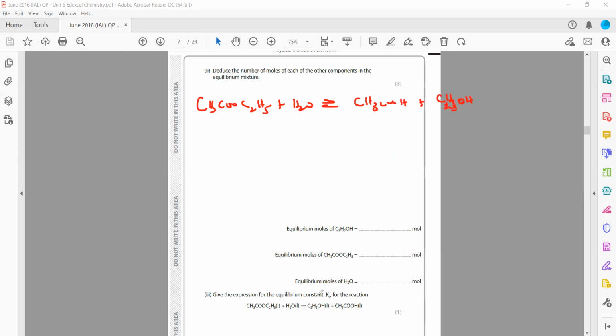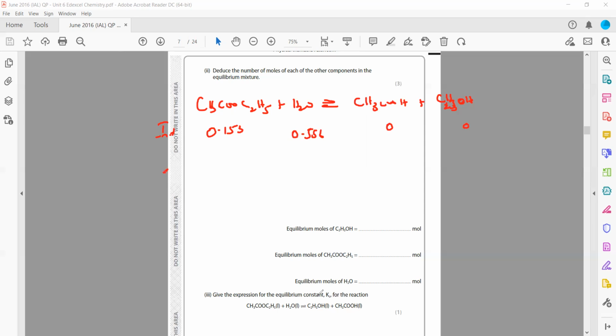And remember, how many initial moles were there? Like in the beginning, the number of moles of water was given initially as 0.556. The number of moles of ethyl ethanoate was initially given as 0.153. This was 0 and this was also 0.